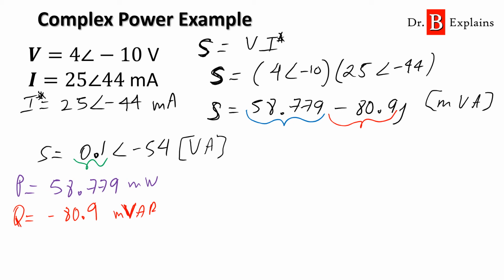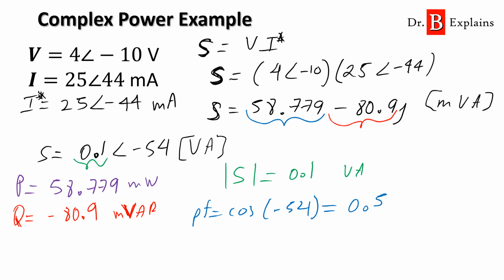And then we have apparent power, which is S, magnitude 0.1, and that's also VA. And then we have PF, which is cosine of minus 54, and I will calculate this. For that, I get 0.588.